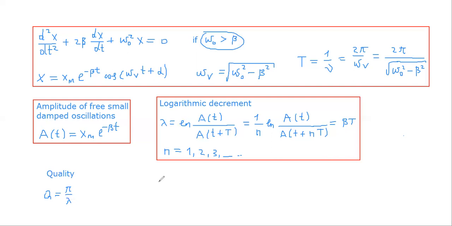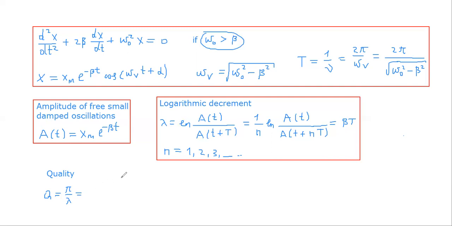Quality is a value that shows the ability of an oscillator, or oscillation system, to keep its energy, to keep the energy of oscillations.